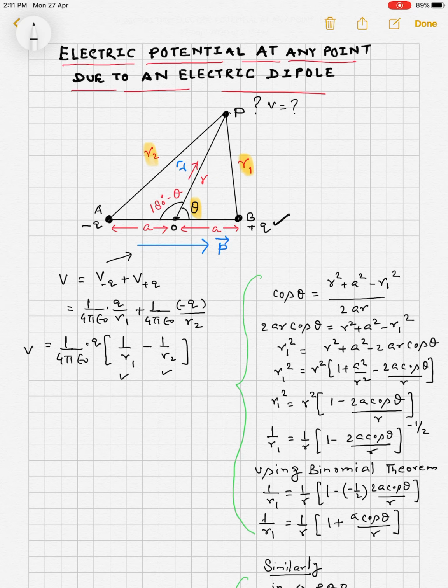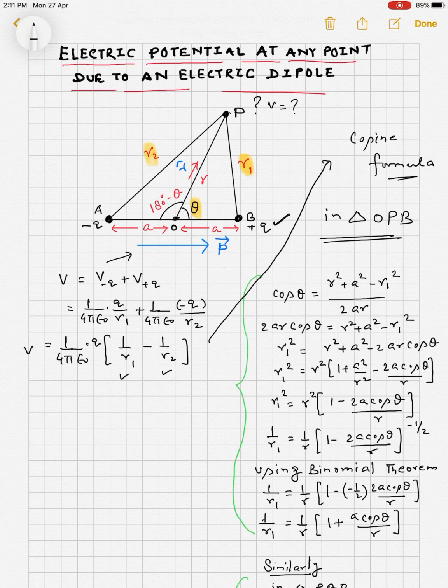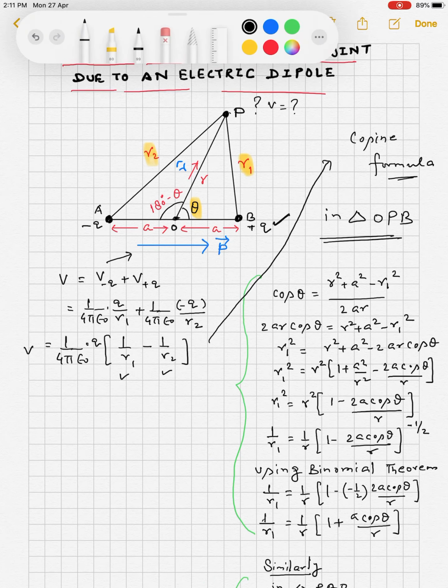So from the cosine formula, in triangle OPB, we write the cosine formula.